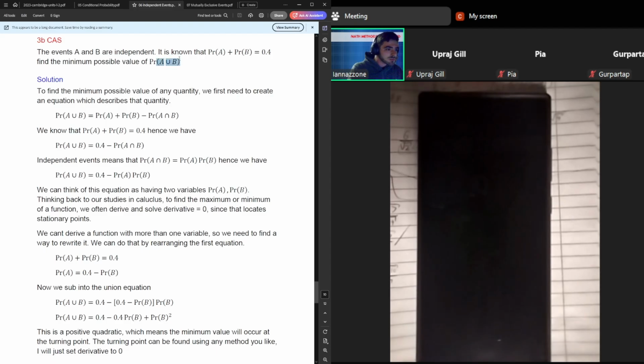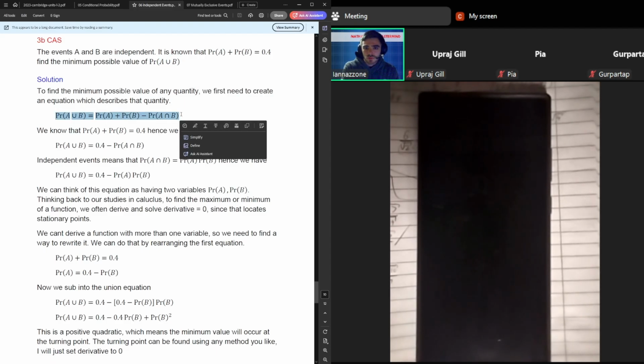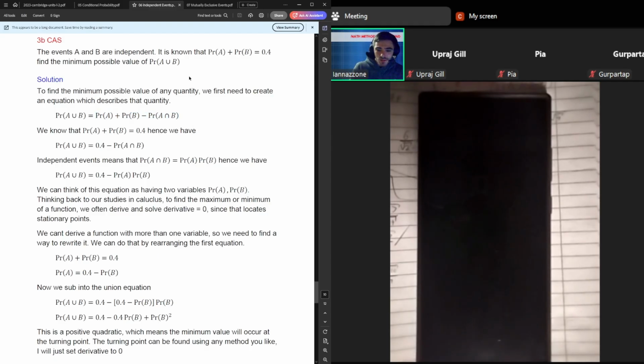So we're trying to minimize a union, hence we're going to start with the union equation, or the addition rule, I think it's called otherwise. Now the problem with this is that there's 3 separate terms, and so that's hard to work with. Can't plot that, can't really do a whole lot with that. You can, but you don't want to use super high-tech software. One of the things we are told, though, is that the sum of A and B is 0.4.